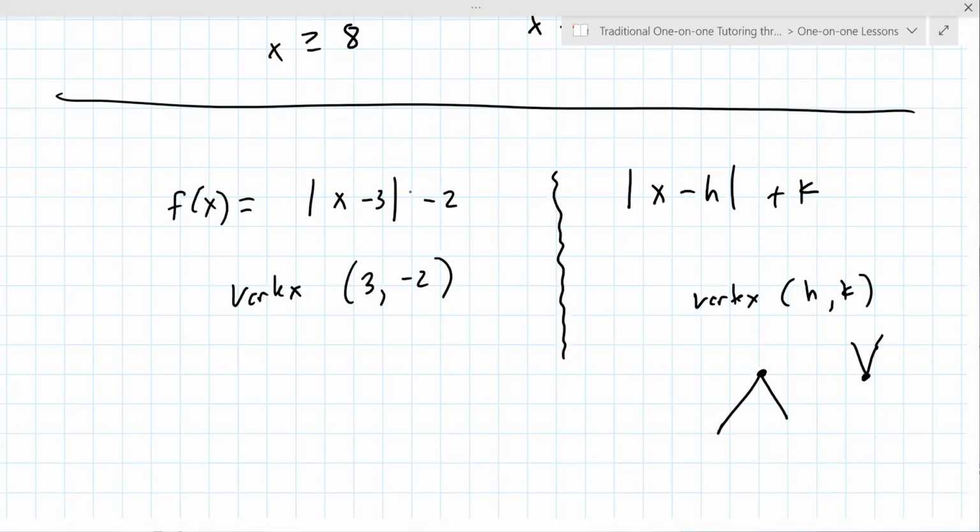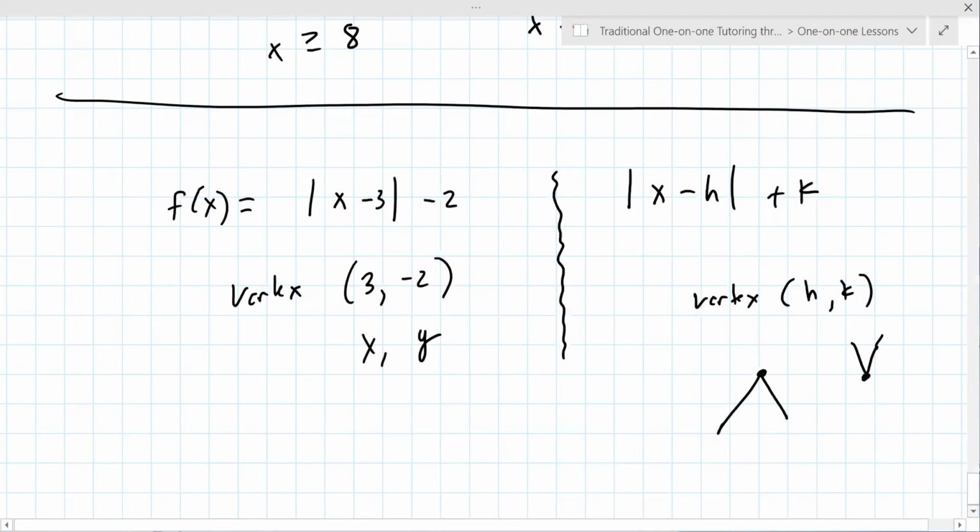Or am I crazy? Is the one inside the absolute value x and the one outside y? Yes, exactly. But you can see it's x minus 3, but it becomes positive 3. The one on the right stays the same sign.